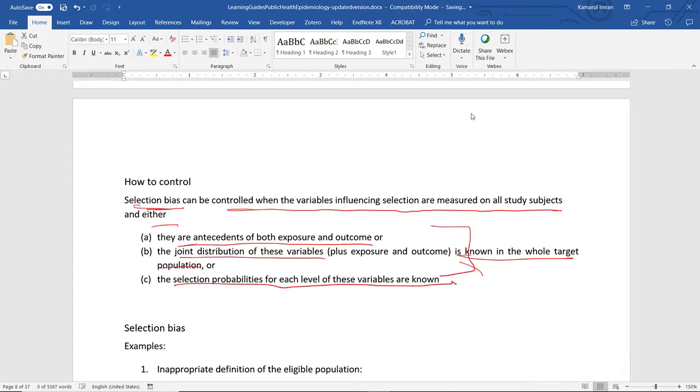A bit complicated, but not that important. So, but try to remember this one, right?